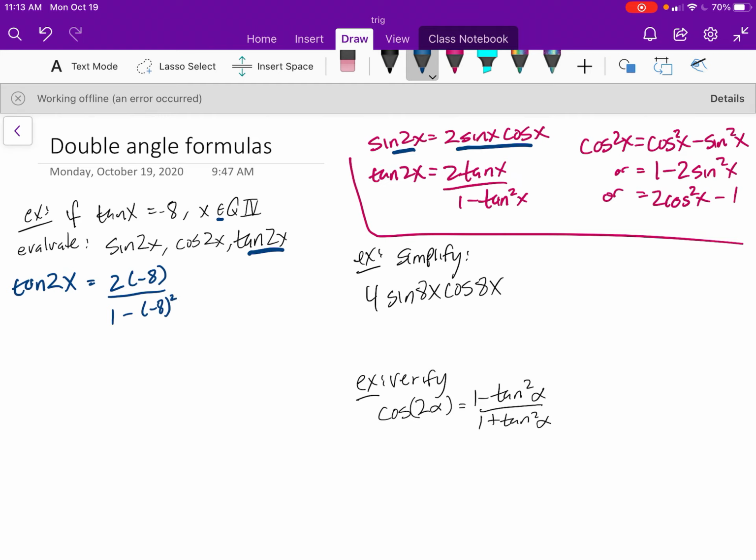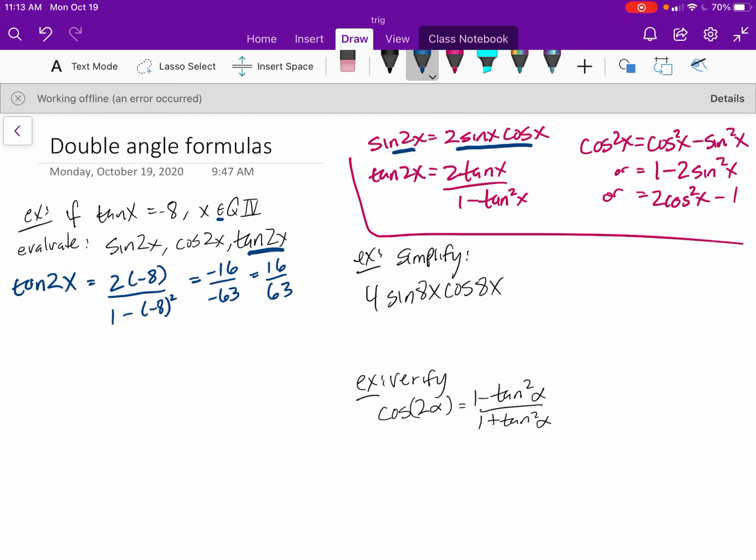So we get negative 16 over 1 minus 64, so negative 63. And besides changing those to positive, that's all we can do, right? Because 16 is a power of 2 and 63 is not even. So 16 over 63 is tan of the double angle.